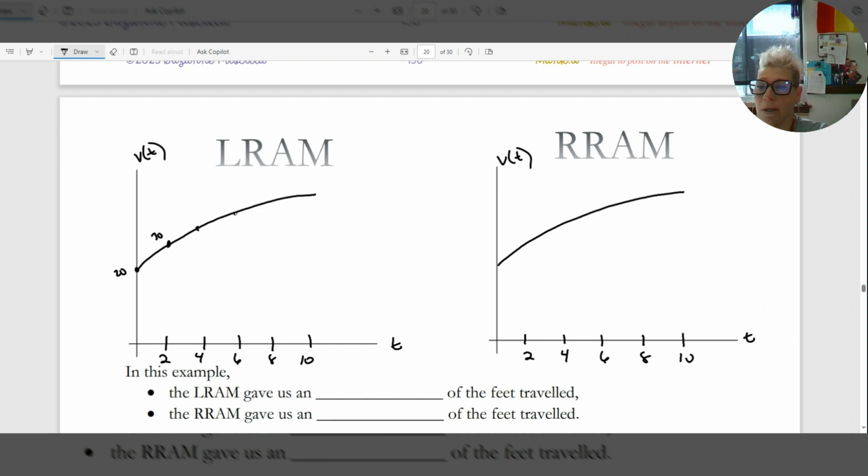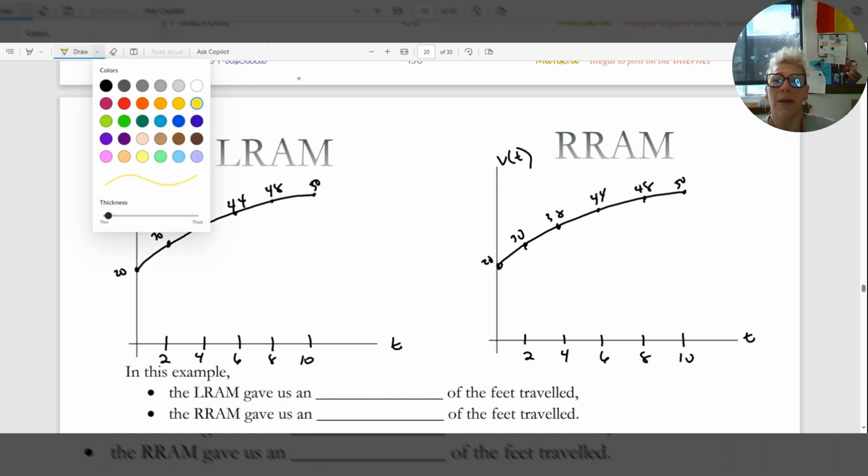Time 4, time 6, time 8, and time 10. So 50, 48, 44, 38. So please just fill these in on your workbook also. 50, 48, 44, 38, 30, and 20.